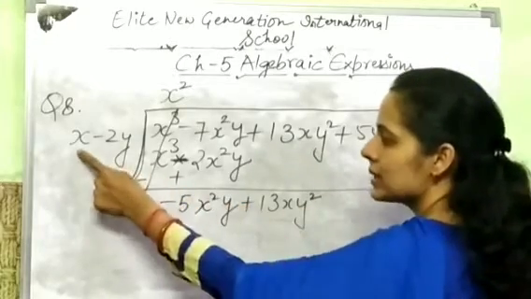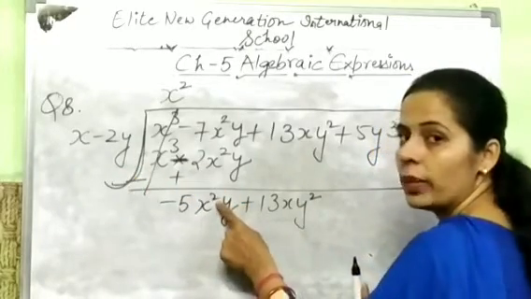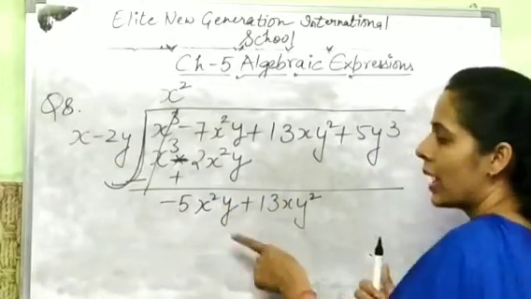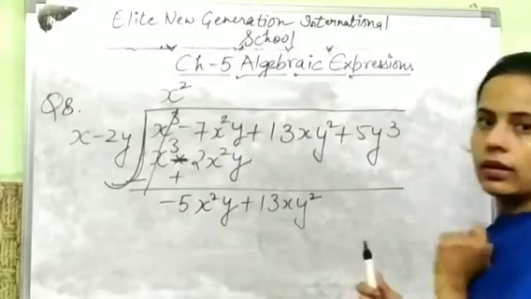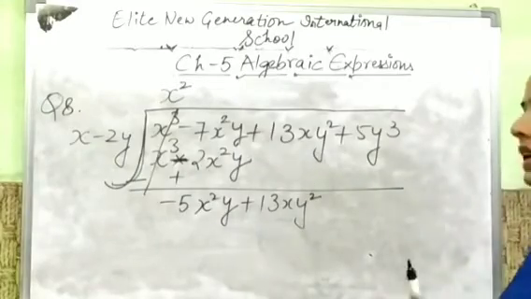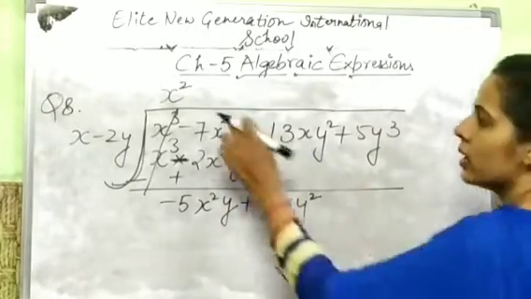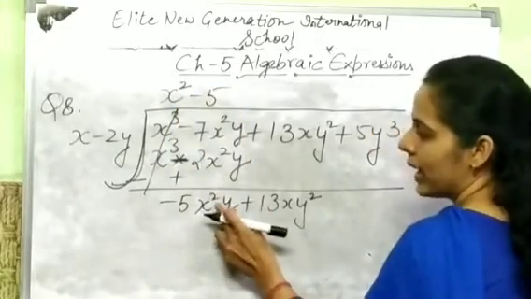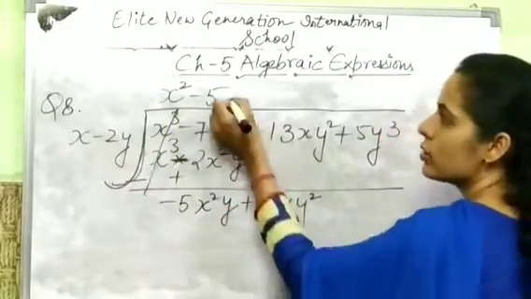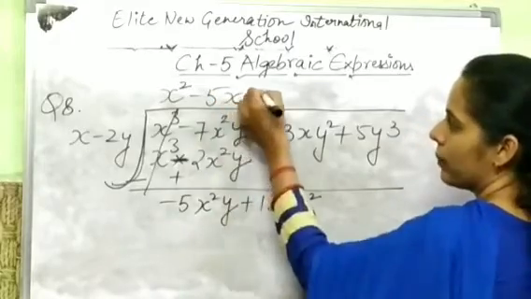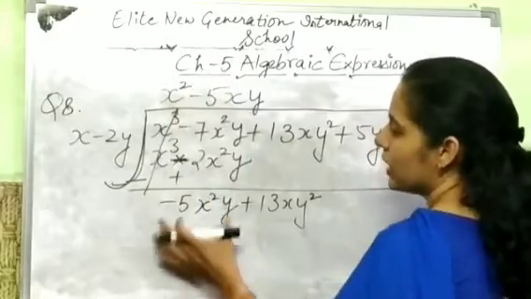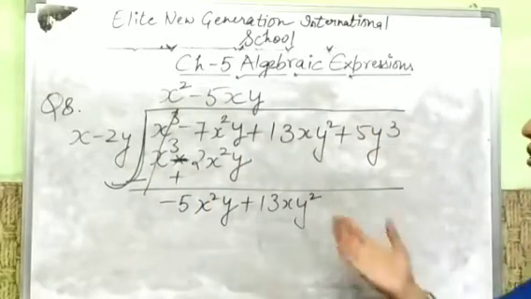But 1x is here and we need to make it x square, so it means we need to multiply by x and then multiply by y as well. Okay. Then we will get the same term. So here we need to write minus 5xy, because 1x is already here. When we multiply this minus 5xy by x, then we will get the same term. Okay. So write directly here.